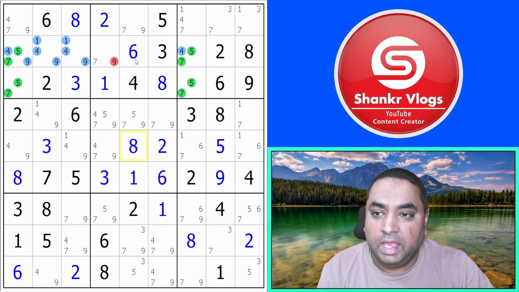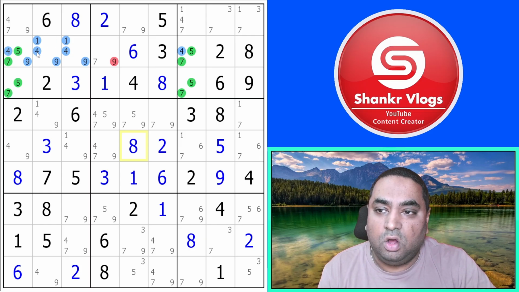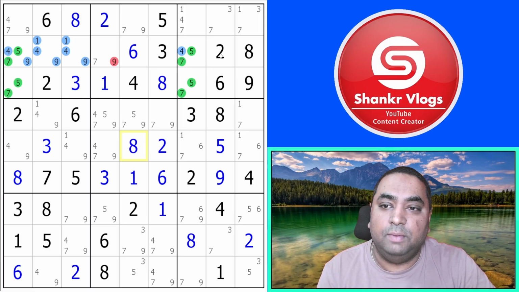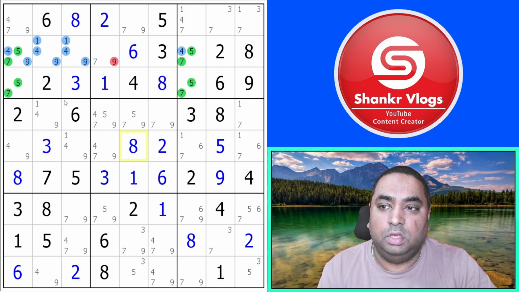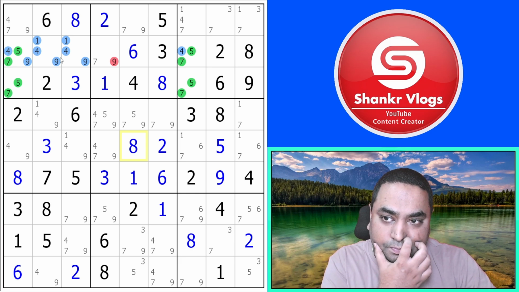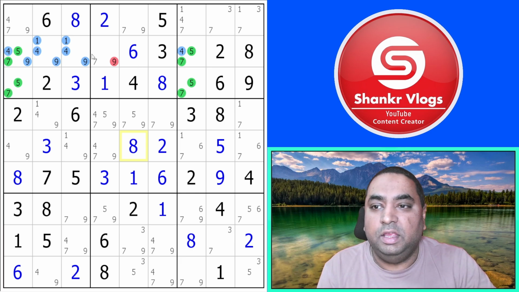It is in the same house, that is one block, and also in the same row, that is the second row. So we can remove 1, 4, 9 along the same row and also in the first block. We can remove the 1, 4, 9 candidates from the block, or also the second row, appearing in other cells.